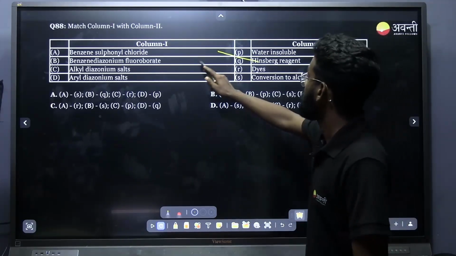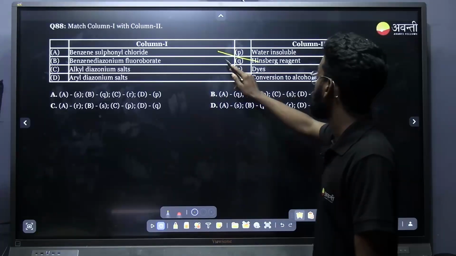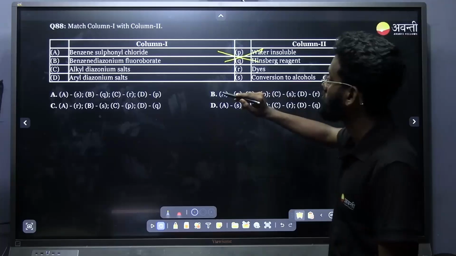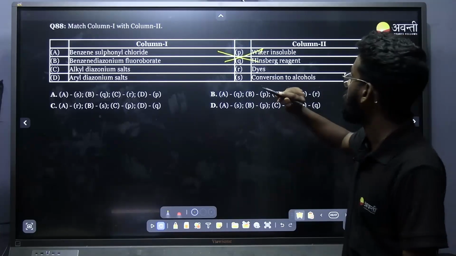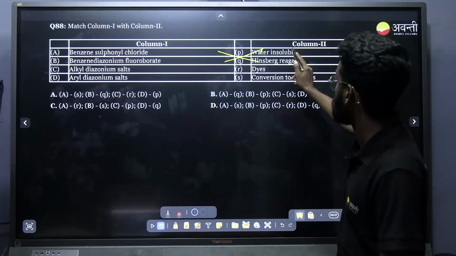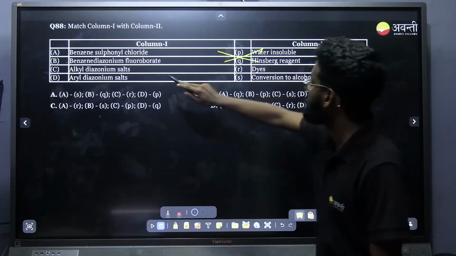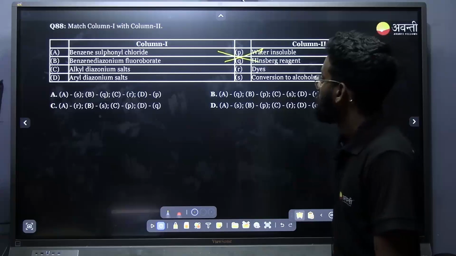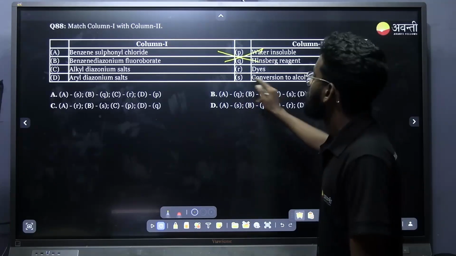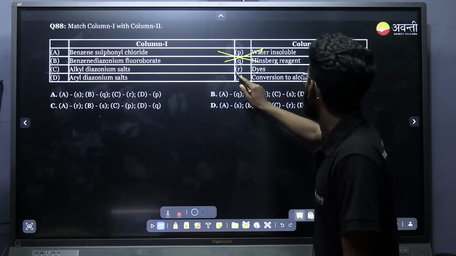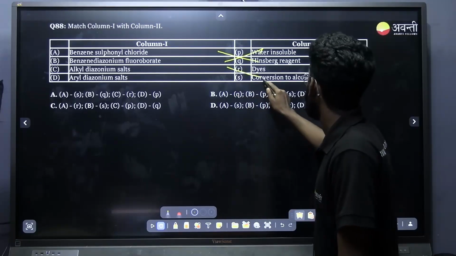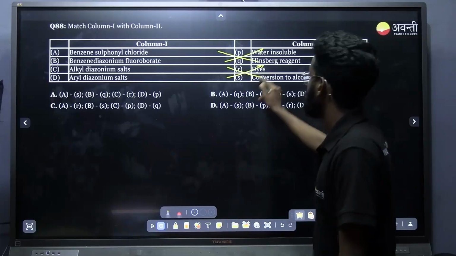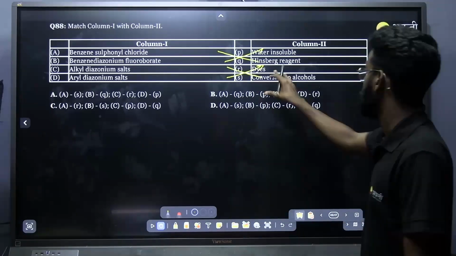Then benzene diazonium fluoroborate is water insoluble. Most benzene diazonium chlorides are water soluble and very less stable. But benzene diazonium fluoroborates are stable and water insoluble. Then alkyl diazonium salts are used for conversion to alcohol, and aryl diazonium salts are used for coupling. By coupling they will be used for dyes.